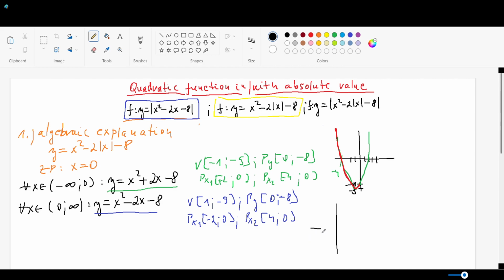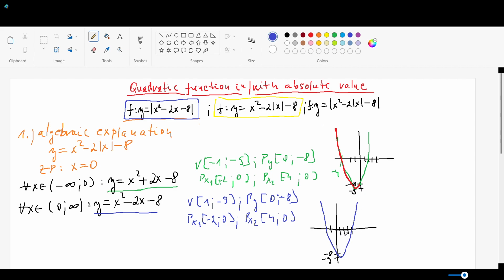You can find out why and where this comes from. And the graph of this function will look like this. So the vertex is 1 and negative 9, Py is negative 8, and this is 1, 2, 3 and 4, negative 1, negative 2.